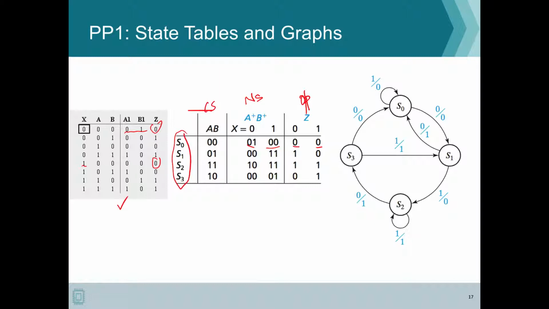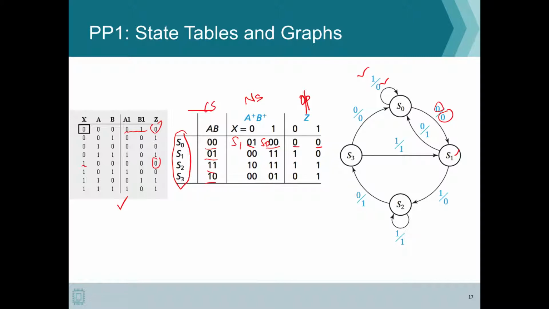We then use symbols to denote our state variables. Once we have the state variables, as I said earlier, this is a Mealy machine. So let's say from S0, we go to S1 or S0. When the input is 0, our output is 0, and we go to S1. When the input is 1, the output is also 0, and we are staying at S0.